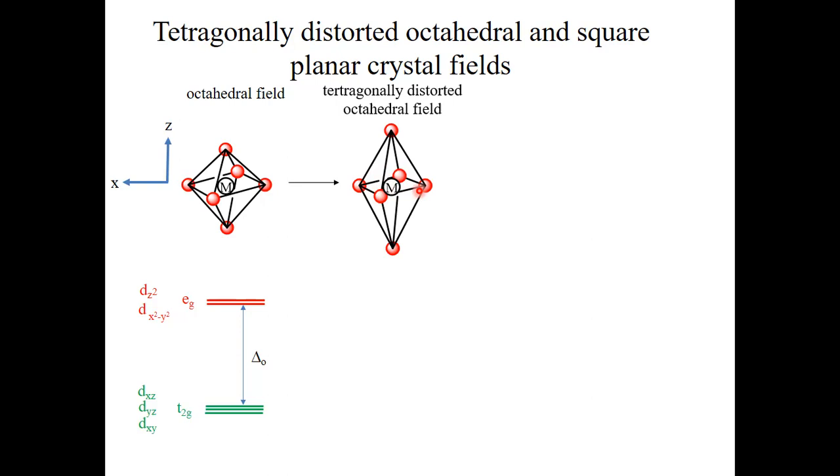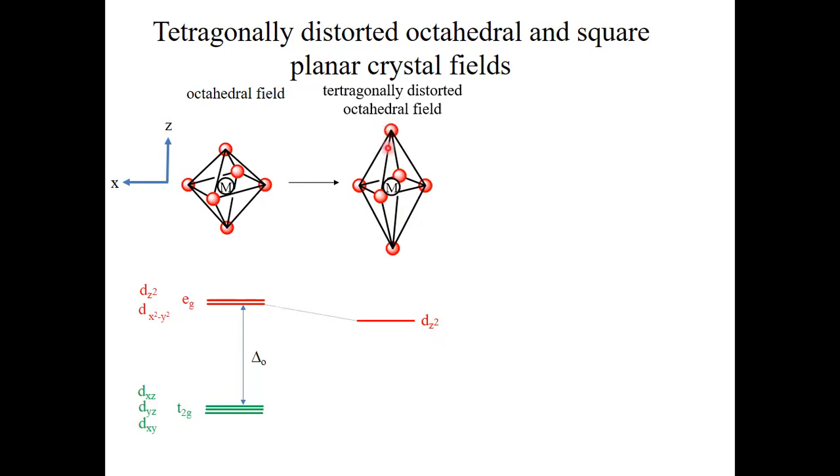Okay, now let us think about how the energies of the orbitals should change, and we can just go through the orbitals one by one. So we can, for instance, start with the dz square orbital. The dz square orbital points in z direction.